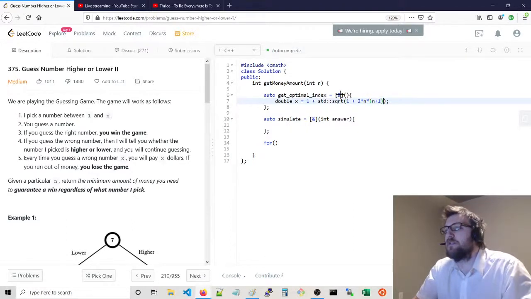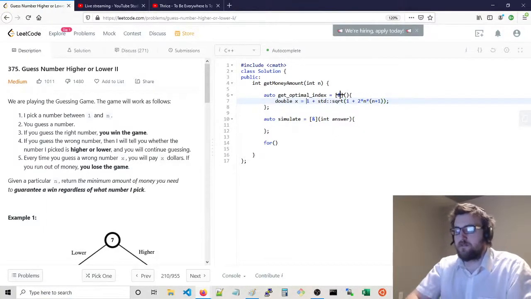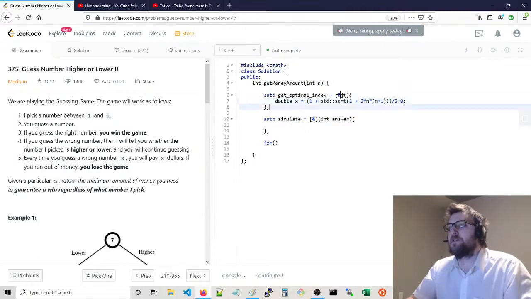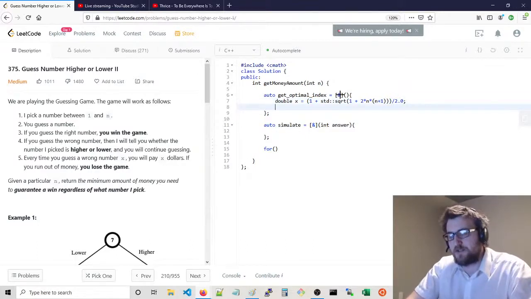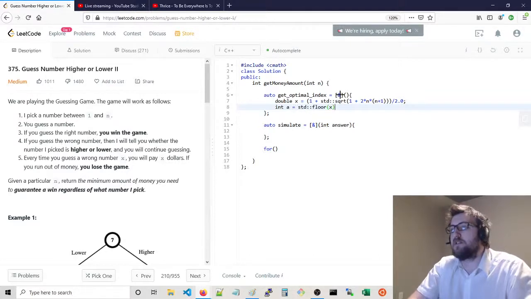You take the square root of that, add 1 to it, and divide by 2. It's not going to be integer division. And we'll say a is the floor of x, and b is the ceiling of x.